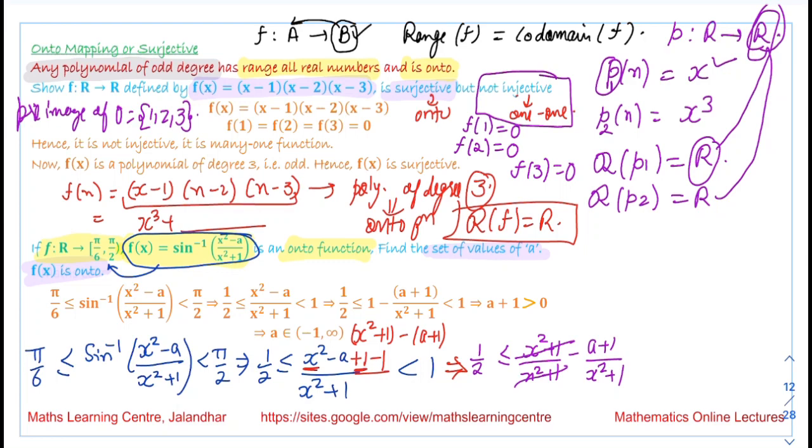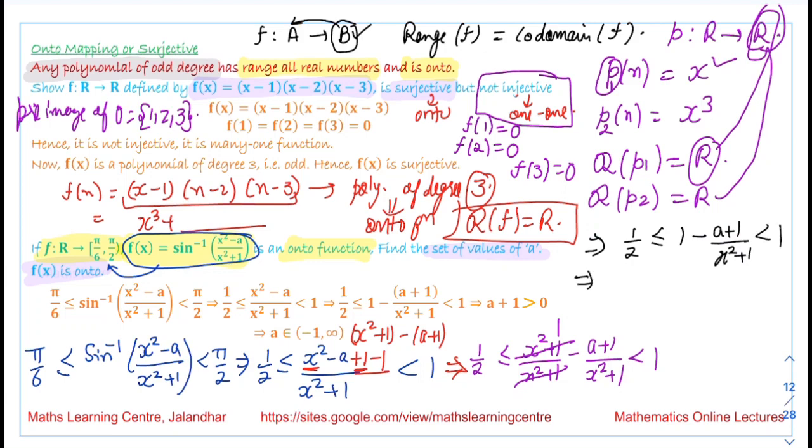Now this x² + 1 cancels, and we are left with 1. So what we have obtained is 1/2 ≤ 1 - (a + 1)/(x² + 1) < 1.